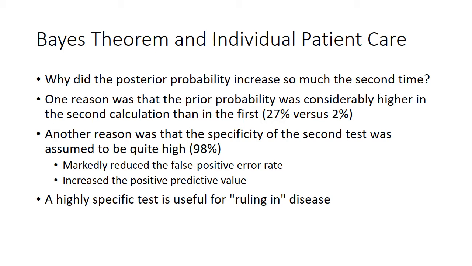We want to use tests that have high specificity to rule things in, because we know with a highly specific test, there's a very low false positive rate. And because this one had a 98% specificity, so near 100%, this helps to increase that positive predictive value quite significantly. So again, a highly specific test is useful for ruling in a disease. You can use something with higher sensitivity to rule things out earlier on in your testing paradigm.